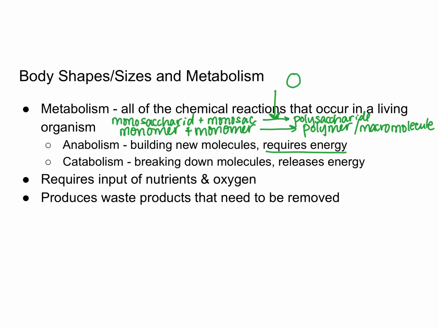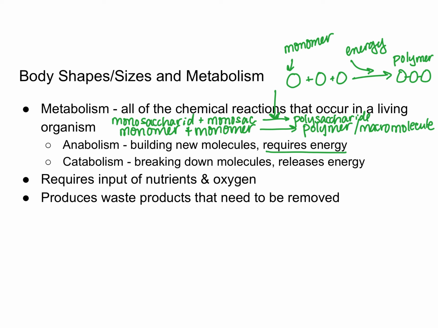Let's pretend this is a monomer, this is another monomer and another one. Each one of these is a monomer. Then they make a polymer, which is just all of them connected together. And of course, energy is needed in order to form those bonds.